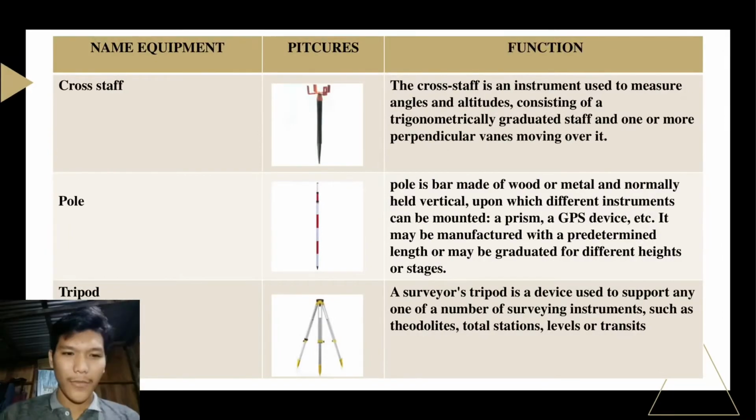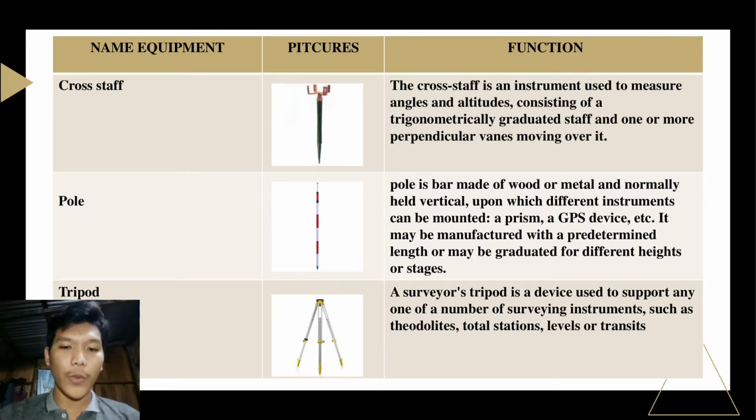Next, number 4 is the cross staff. The cross staff is an instrument used to measure angles and altitude, consisting of a trigonometrically graduated staff and one or more perpendicular vanes moving over it.